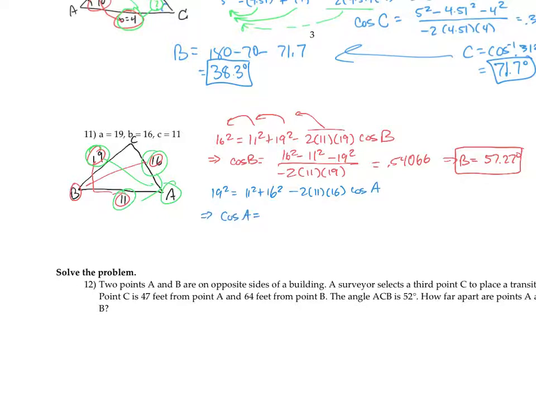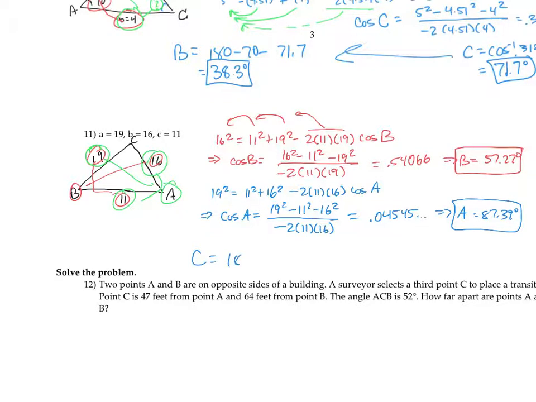So cosine of A, subtracting those across, gives me 19 squared minus 11 squared minus 16 squared over negative 2 times 11 times 16, which is like 0.04545 and so on, which means cosine inverse of that gives me 87.39 degrees. And I can figure out C by doing 180 minus 57.27 minus 87.39, for 35.34 degrees.